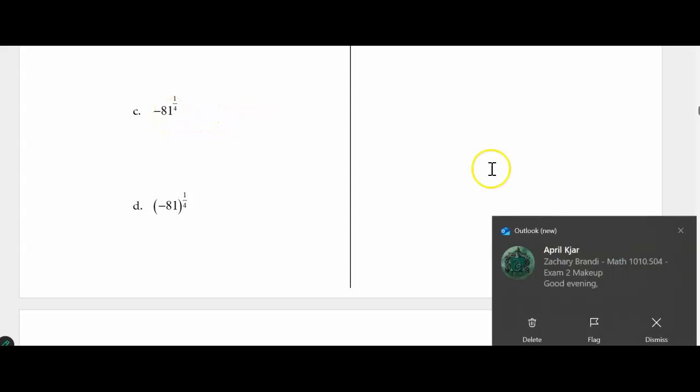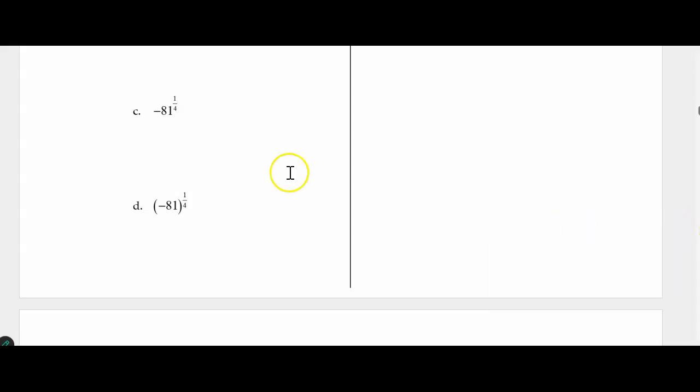Because on this first one, we really have negative 1 times 81 to the 1/4 power. So only 81 is being raised to that power. Negative 1 is not.